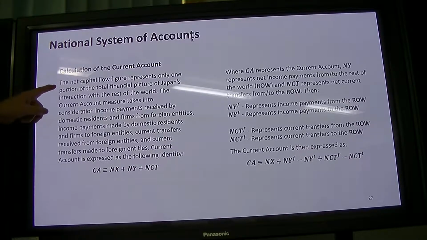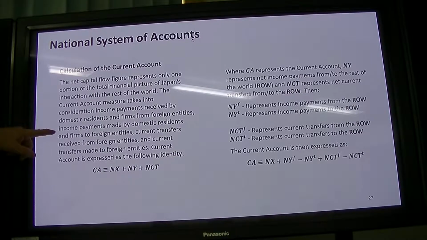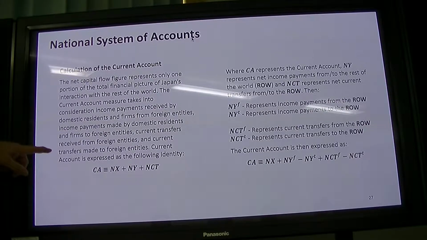The current account takes into account income payments received by domestic residents and firms from foreign entities, income payments made by domestic residents and firms to foreign entities, current transfers received from foreign entities, and current transfers made to foreign entities.